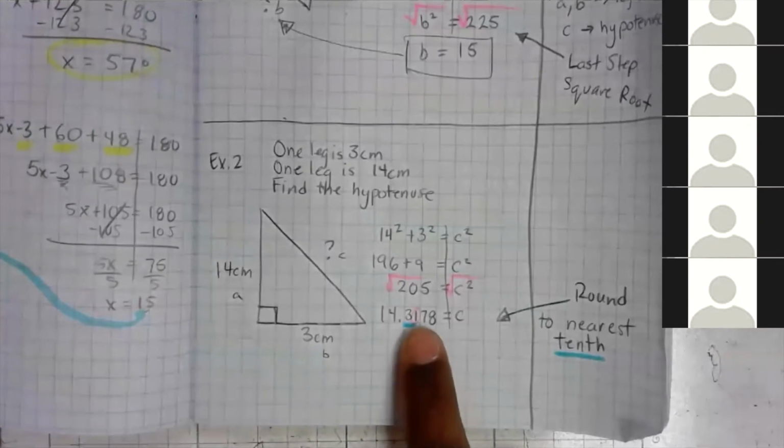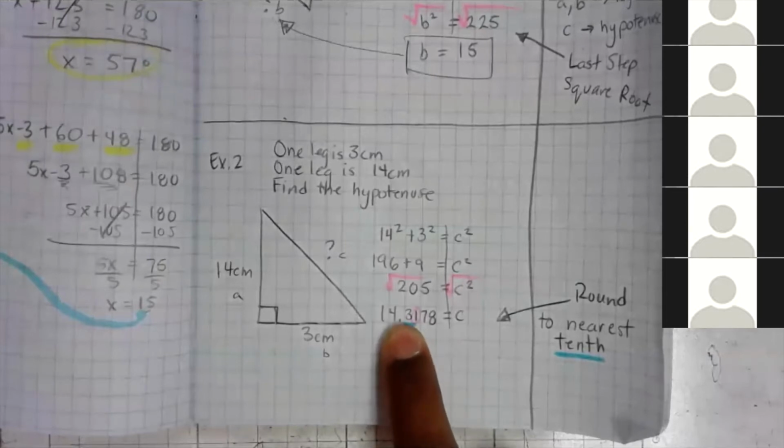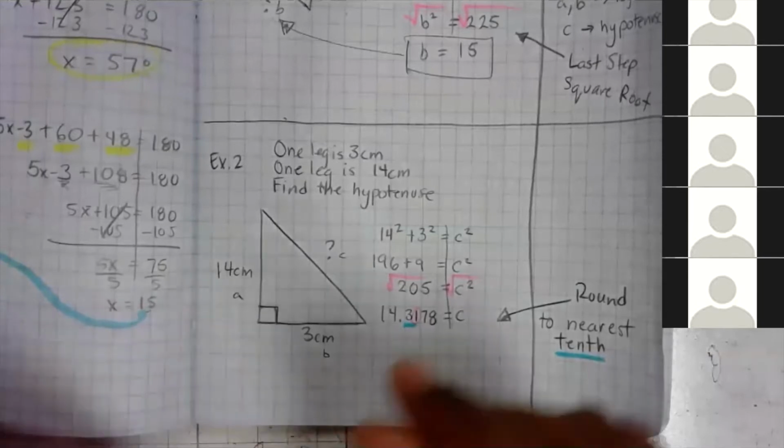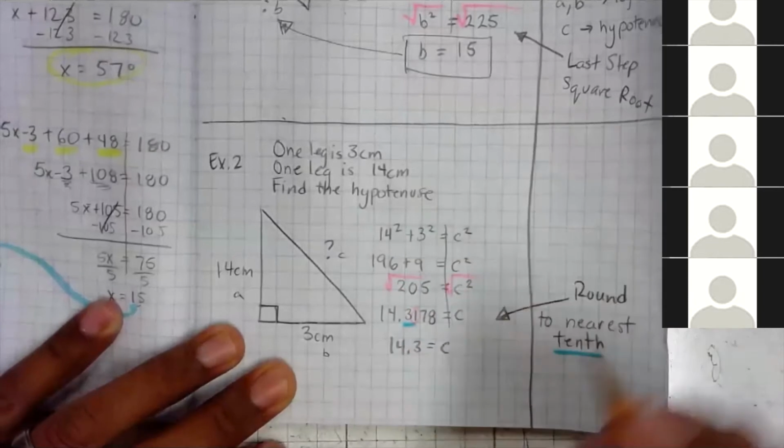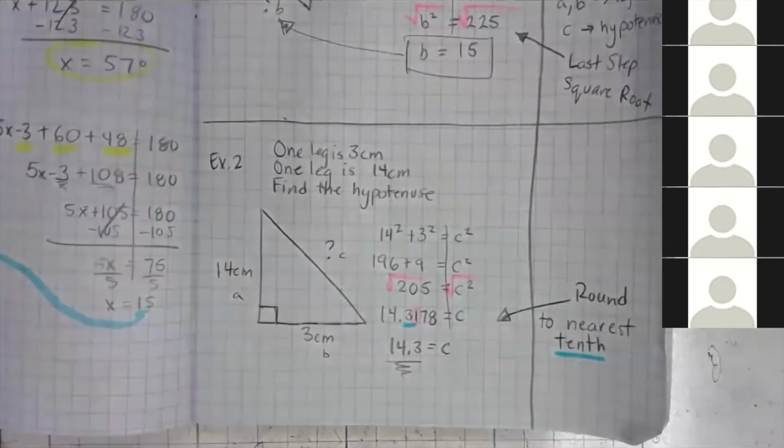Okay, and if that number is 5 or greater than 5, that would increase the 3 by 1, but it's just 1, so it stays 3. So just a quick review on rounding. That's what you're going to be required to do in Delta Math.